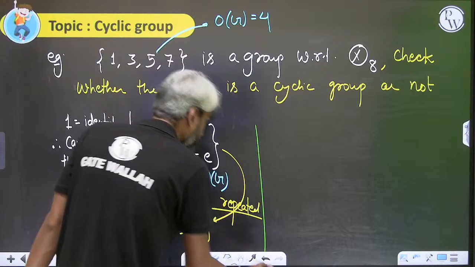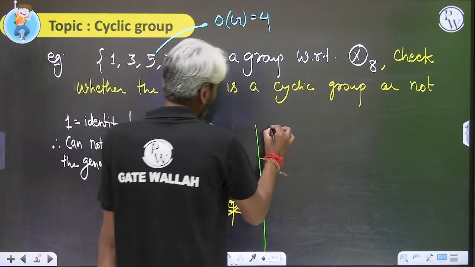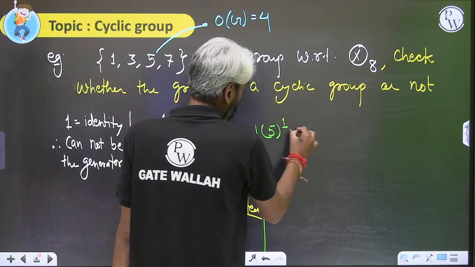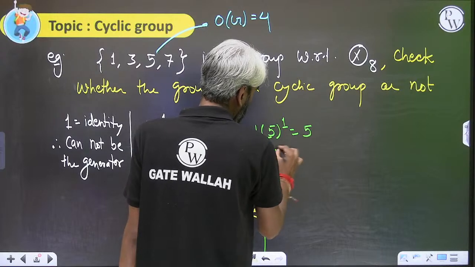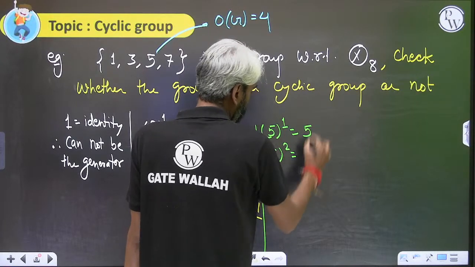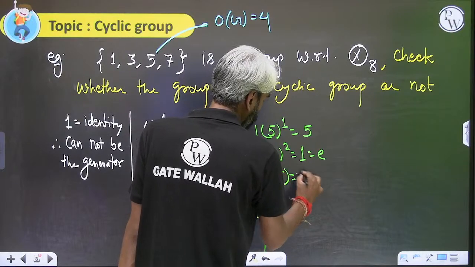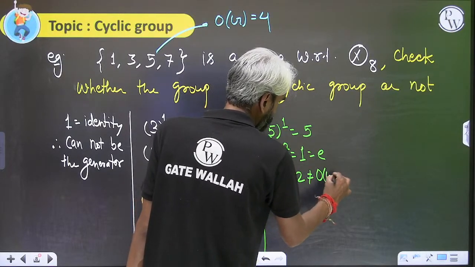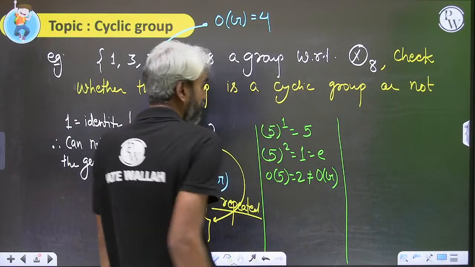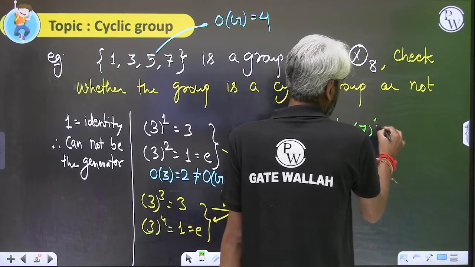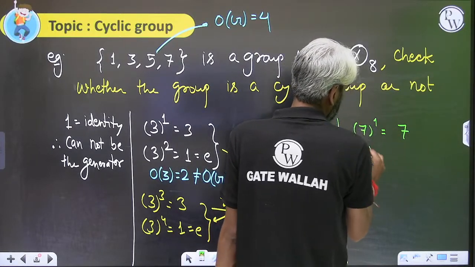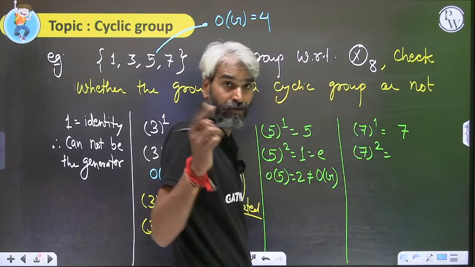Okay, sir. 5. 5 raised to the power 1 will be 5. 5 raised to power 2 will be 5 fives are 25 divided by 8, remainder 1, the identity element. The order of 5 is also 2, which is not the same as the order of the group. Now 7 raised to power 1 is 7. 7 raised to power 2 will be 7 sevens are 49 divided by 8.